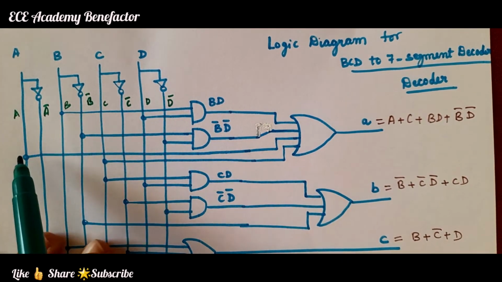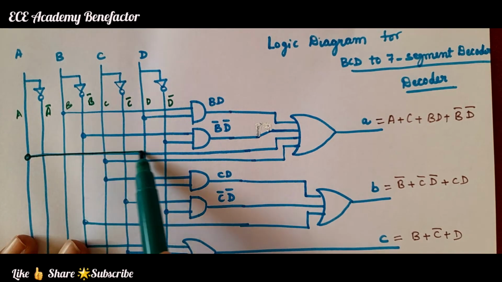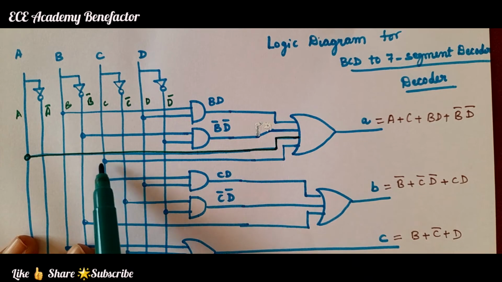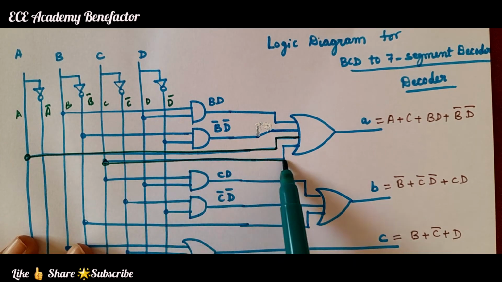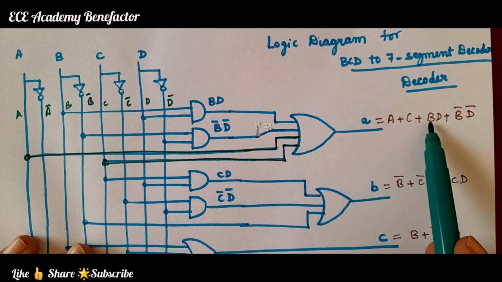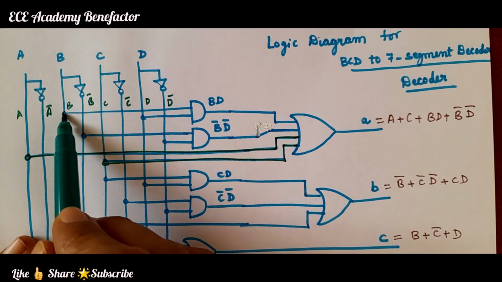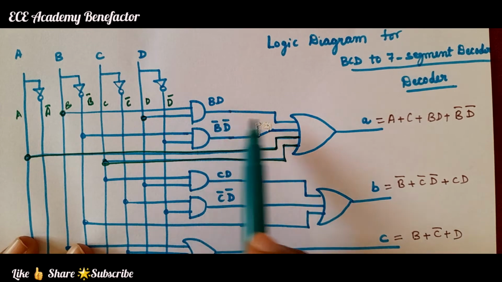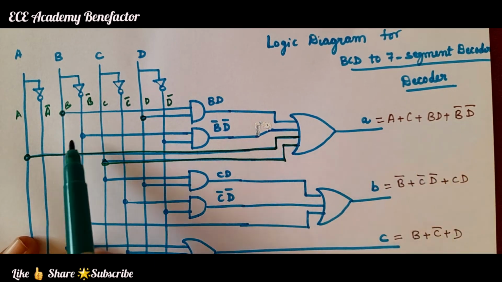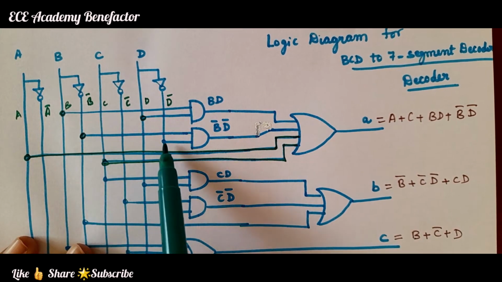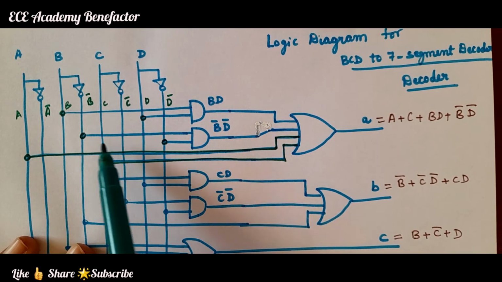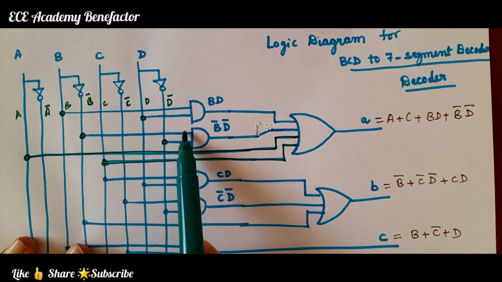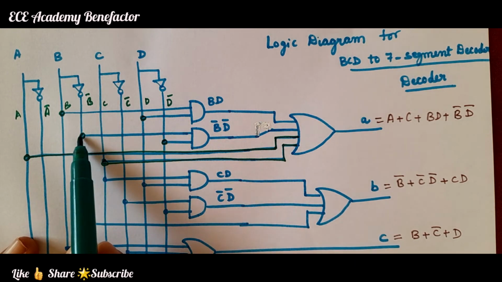Now let us generate the function for segment A. So we are connecting it to A. A is coming here, and then C. Then we are getting BD, connecting B and D to an AND gate to get BD. The next term is B bar D bar. This is B bar and D bar. We need to darken the connecting points to show that this particular line is connected to B bar.